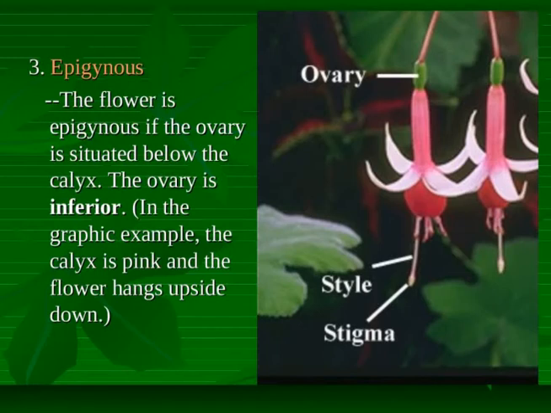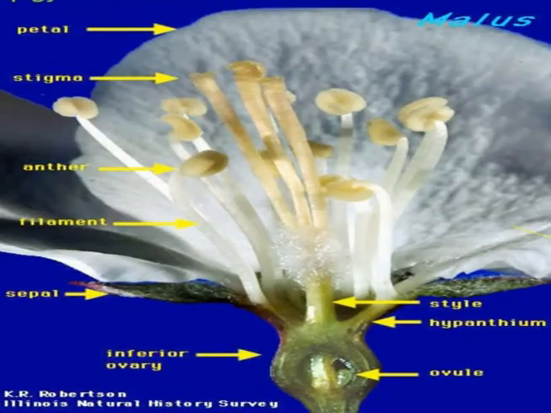And if you go to the epigynous condition, see, the ovary is totally below, and that is completely covered within the thalamus cup. From the rim of that thalamus cup, there is origination of calyx and corolla, gynoecium and everything. So, here the ovary is inferior, and this is called the epigynous condition.